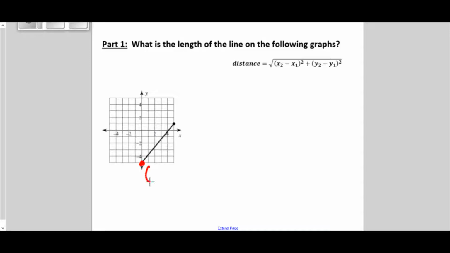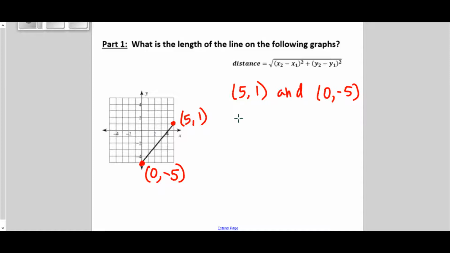This has the ordered pair 0, -5. My x value is 0 and my y value is -5. And then this one up here is the ordered pair 5, comma 1. So here I've identified my 2 points. I have 5, comma 1 and 0, comma -5.